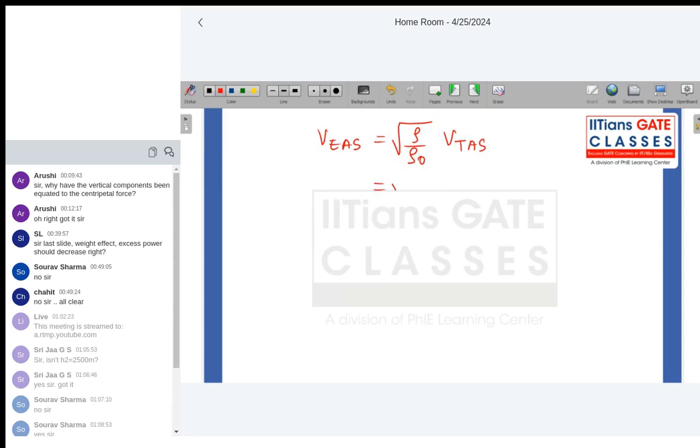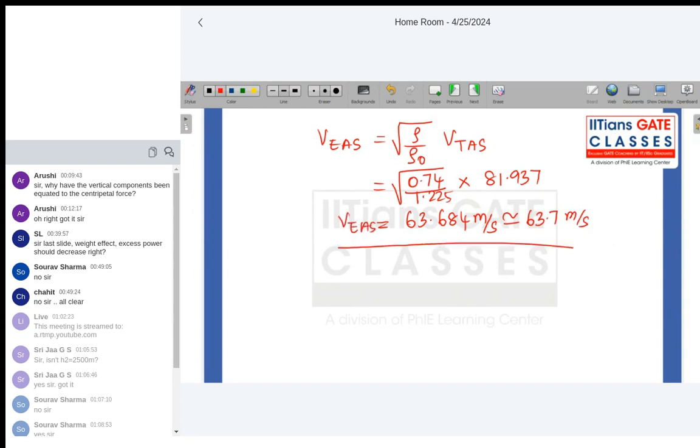Rho at that altitude is 0.74, density at sea level is 1.225, into true airspeed 81.937 meter per second. So the equivalent airspeed for this airplane is 63.684 meter per second, approximately 63.7 meters per second.